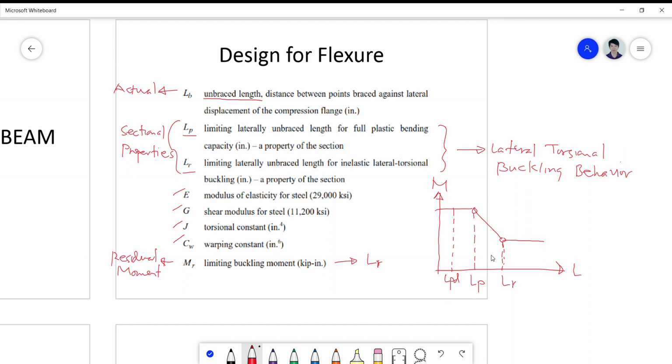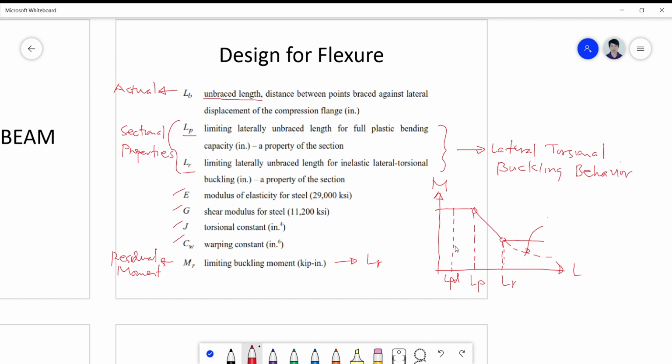Later on we will try to plot this to determine the moment strength considering lateral support conditions.